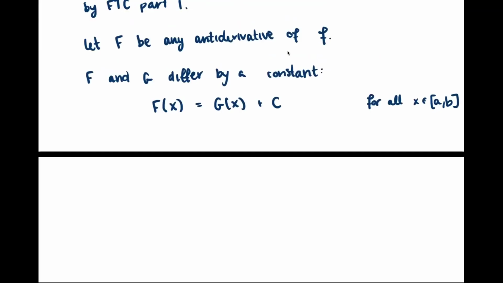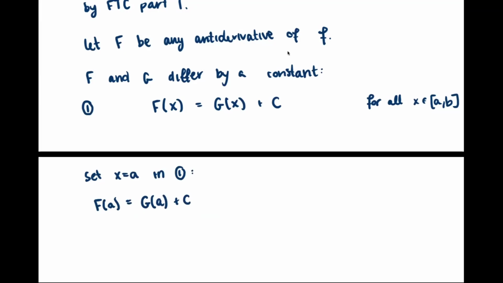Okay, so now I'm going to look at this equation, which we'll call equation 1, and plug in x equals a and see what happens. I'm also going to plug in x equals b and see what happens. So if I set x equal to a in equation 1, I get that F of a is equal to G of a plus c.